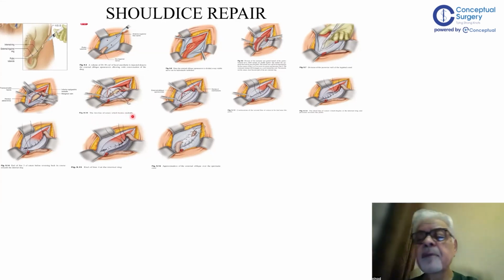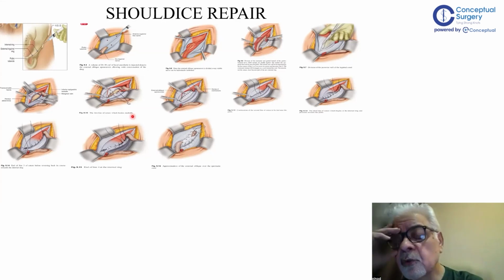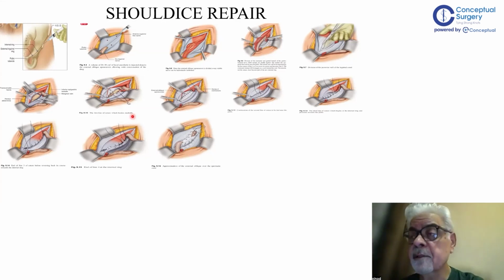Okay, so that is equivalent to two layers of repair. If you do a double breasting, it becomes one layer done at two different levels. Then you would do the tendinous portion with the iliopubic tract, and then the internal oblique portion of the conjoint tendon with the inguinal ligament, right?